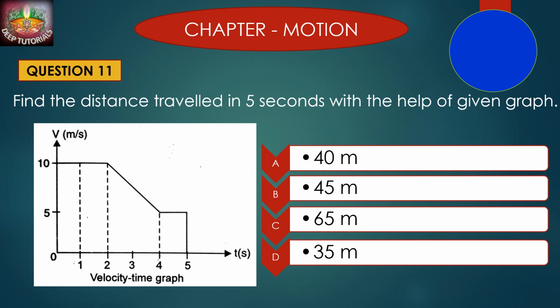Question number 11. Find the distance traveled in 5 seconds with the help of the given graph. Your options are 40 meter, 45 meter, 65 meter, or 35 meter.